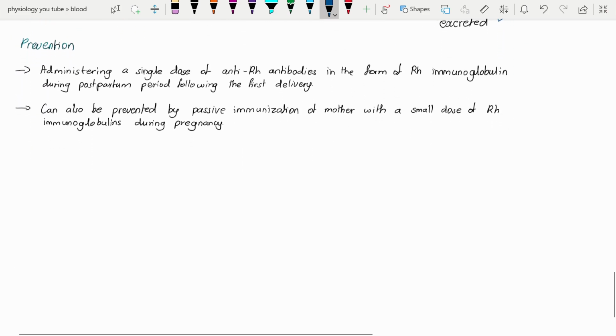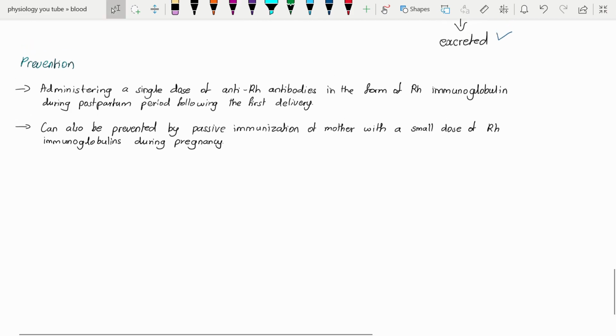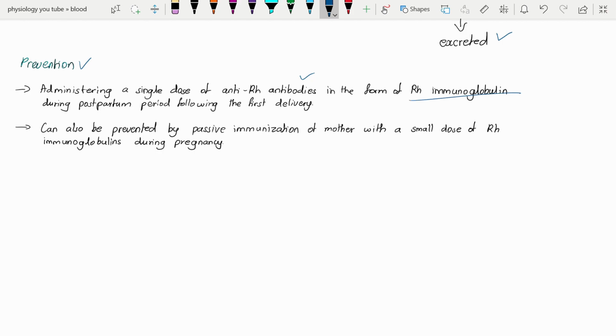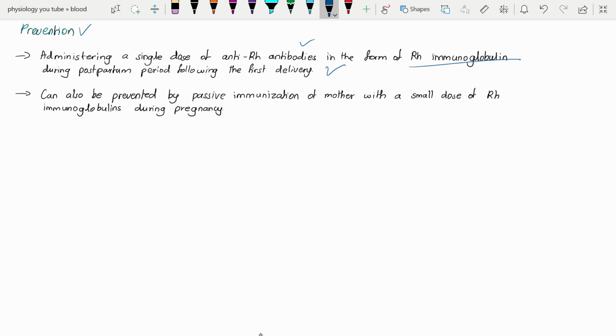As we know, this Rh incompatibility happens, so we need to prevent it. We can do this by administering a single dose of anti-Rh antibodies in the form of Rh immunoglobulin during the postpartum period following the first delivery. When the delivery happens, at that time we give anti-Rh antibodies.